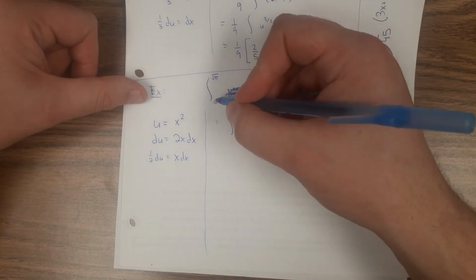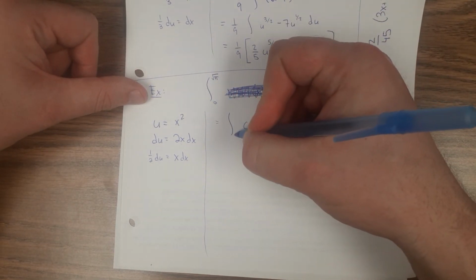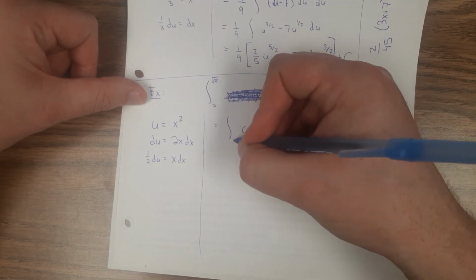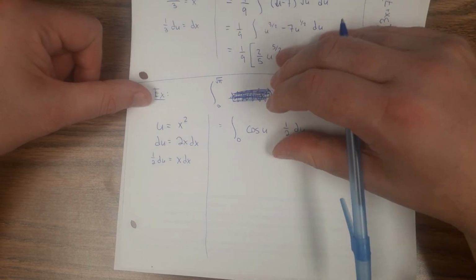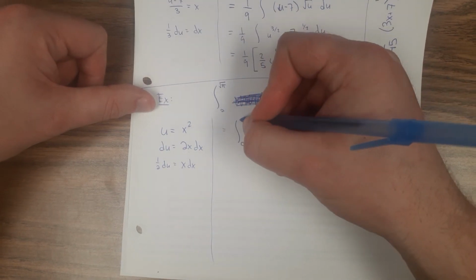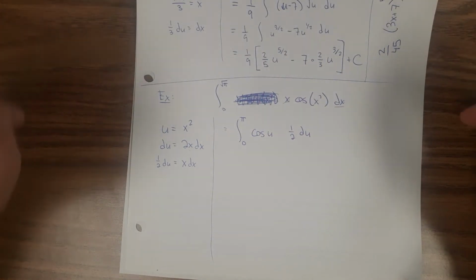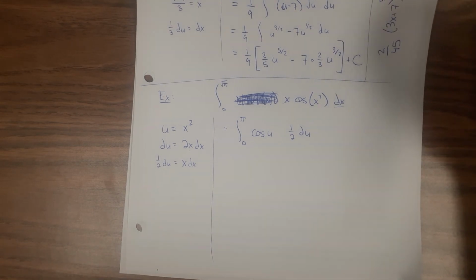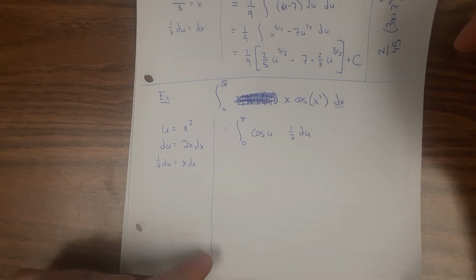In other words, what goes down here is 0 squared, which also happens to be 0. But what goes up here is the square root of pi squared. In other words, it's now just pi.